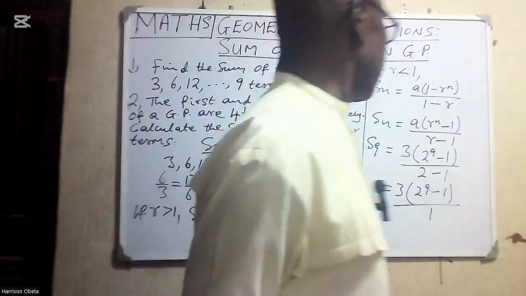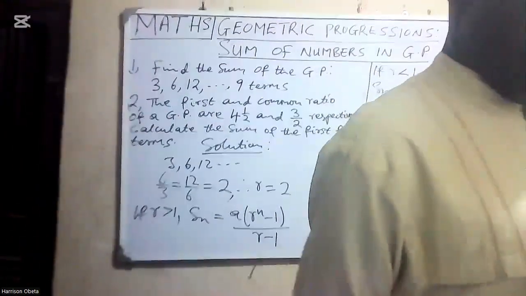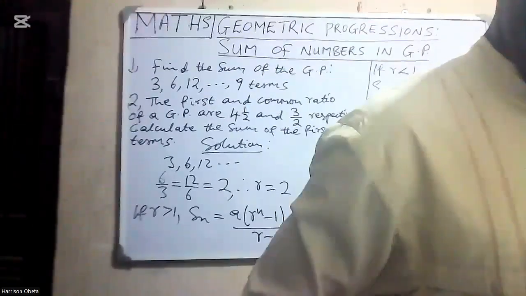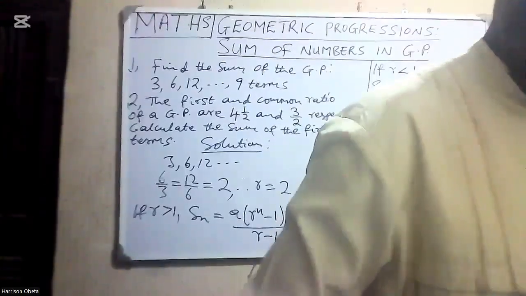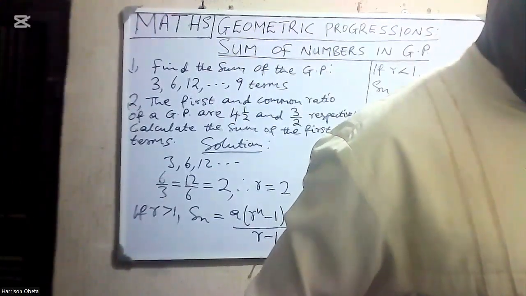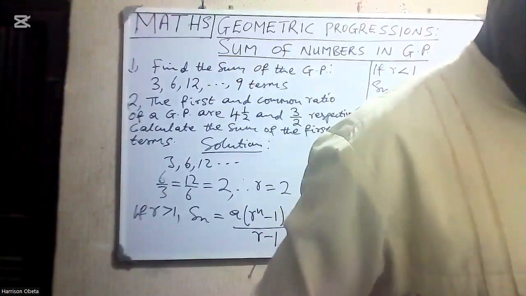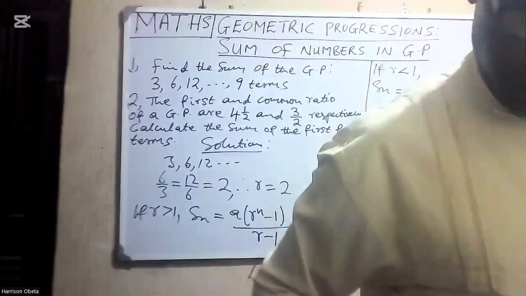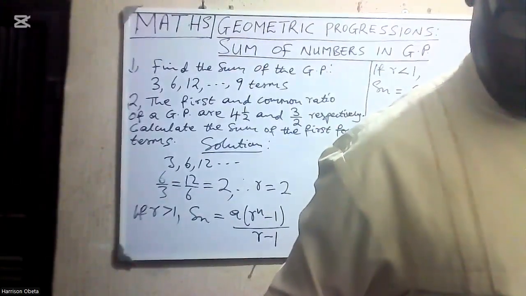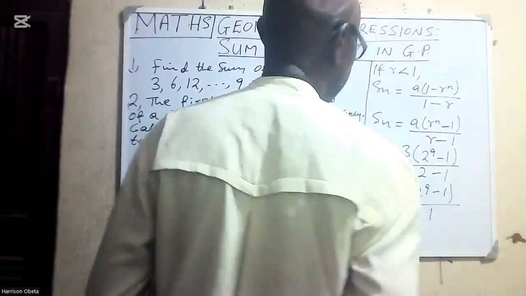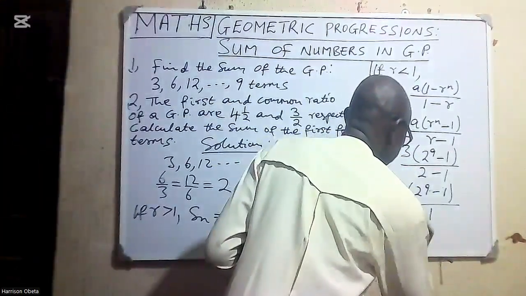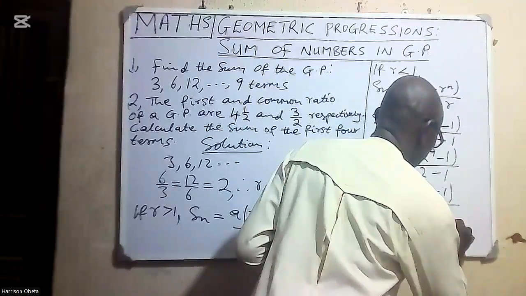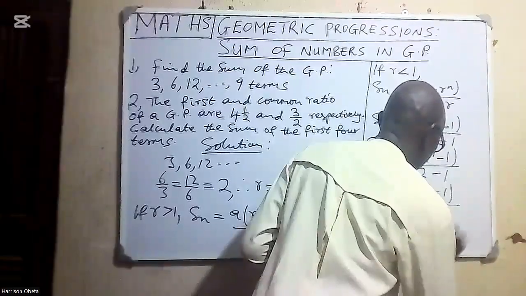We quickly use our calculator to check 2 raised to the power 9. In doing that, we have 3 brackets 512 minus 1 all over 1, which is the same thing.